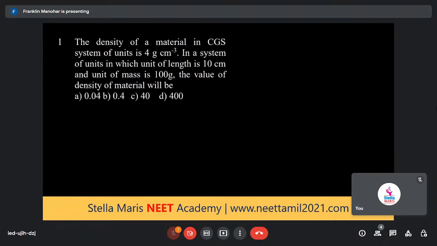So here the density of the material in CGS system of units is 4 gram per centimeter cube. So in a system of units in which unit of length is 10 centimeter and unit of mass is 100 gram, the value of a density of material will be 0.04, 0.4, 40 and 400.